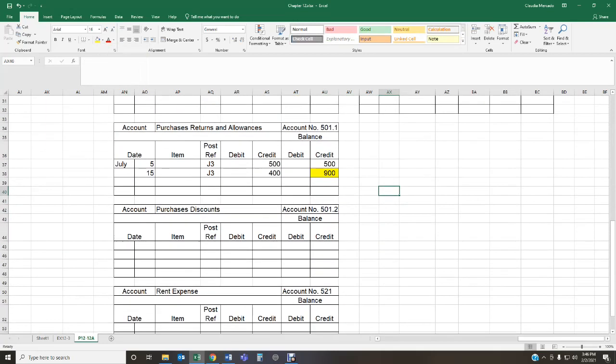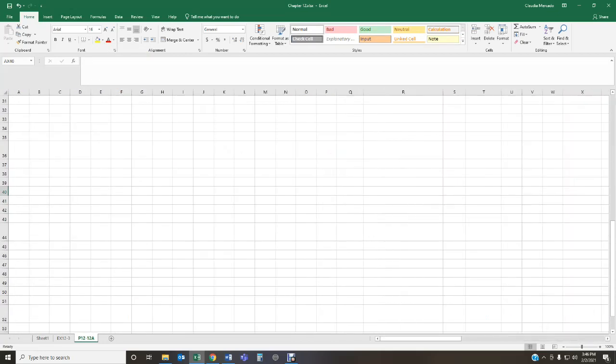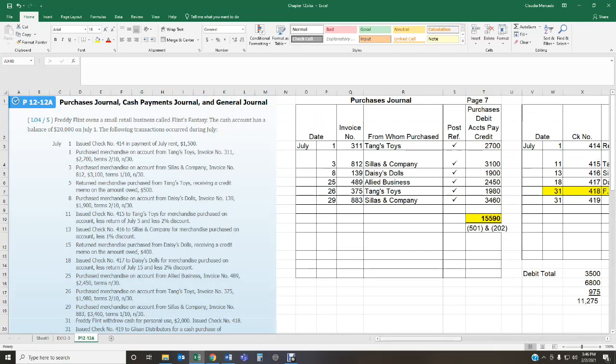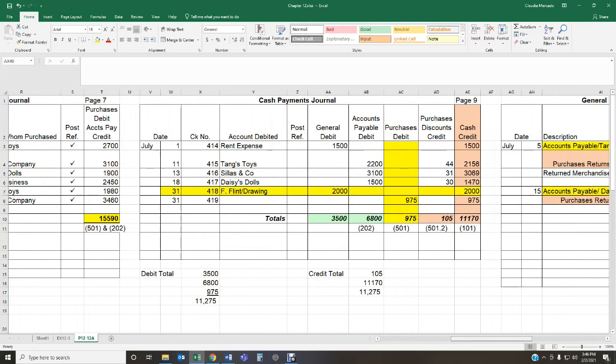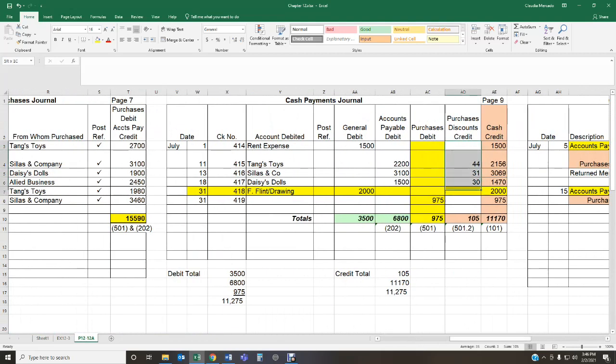Purchase discounts. Do we have any discounts? Let's go and look. Yes, we did. We had discounts total of 105. So we're going to go to our purchases discounts.